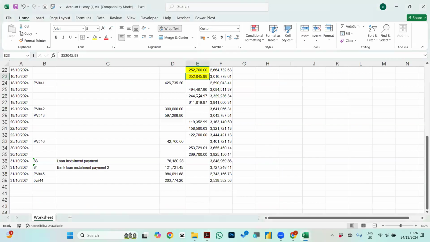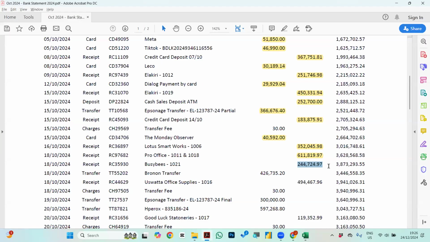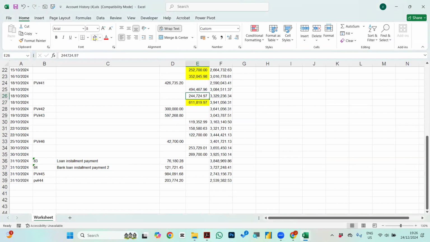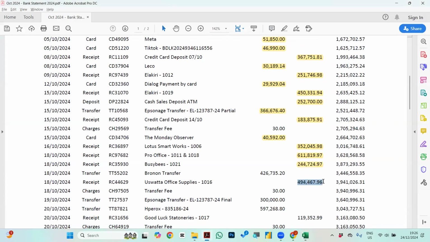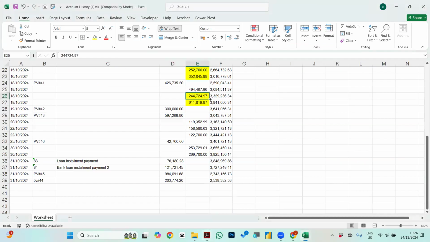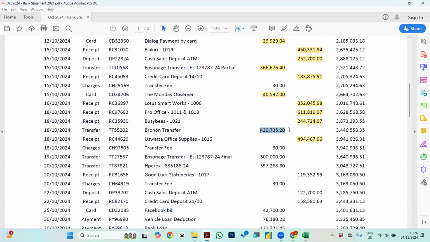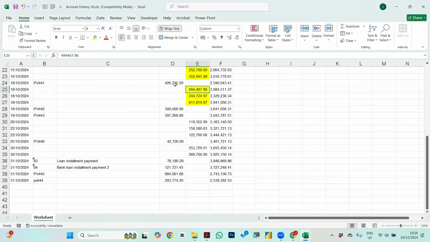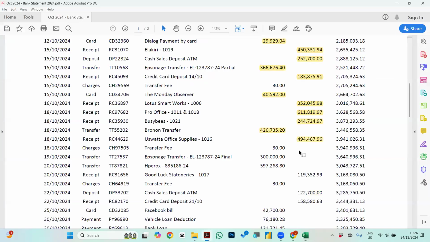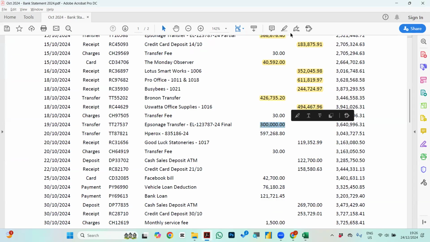611,819. 244,724. 494,467. 426,735. 300,000.